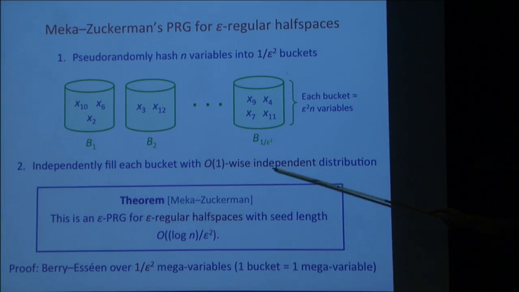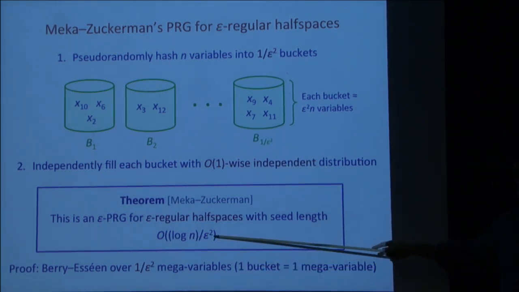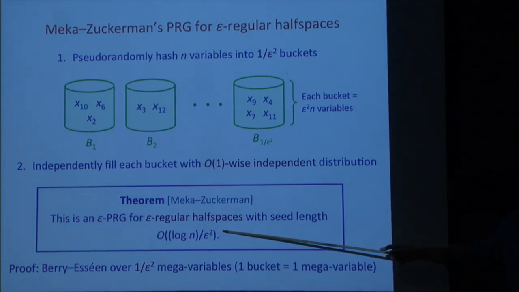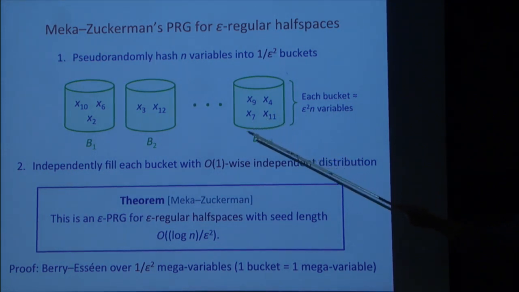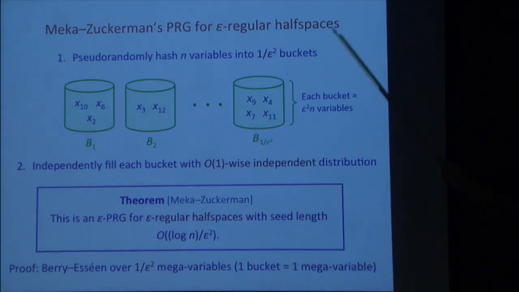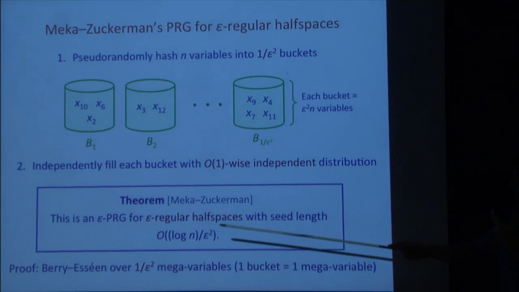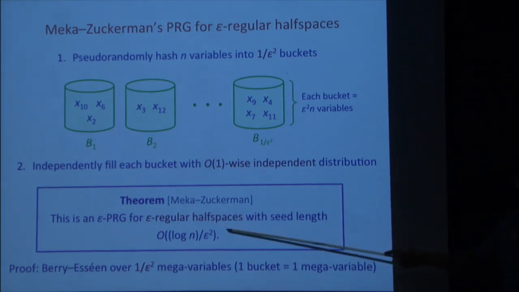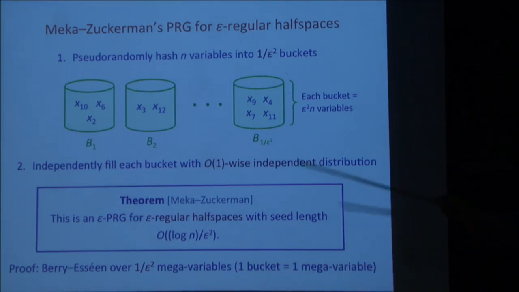So the total amount of randomness they need for the second stage, which is the dominant cost, is log n over epsilon squared bits of seed length. This is the amount of randomness it takes to come up with a pseudo-random n-bit string. And they're able to argue that this distribution over n-bit strings is going to be epsilon close to the Gaussian in CDF, in Kolmogorov distance.